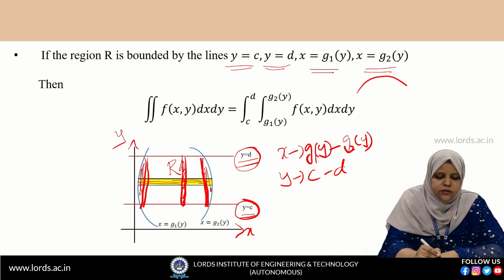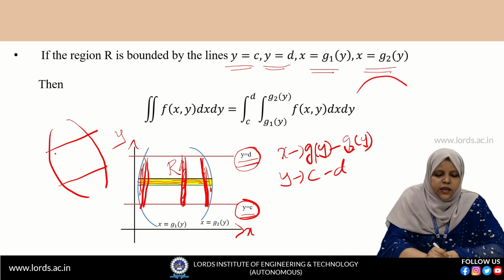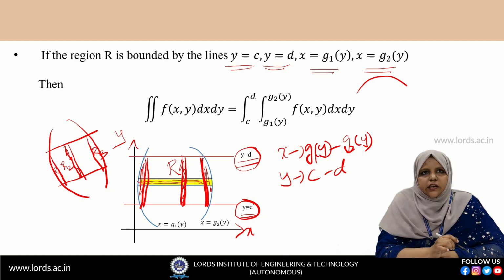Okay, let us draw here again. I have the lines and I have the curves here. So if I want to consider a vertical strip, I have to divide the region into 3 parts. This will be the region R1, R2 and this will be the region R3.